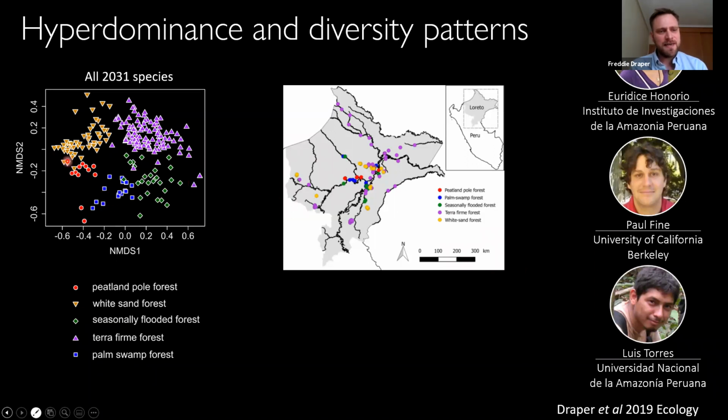So we can see quite clear patterns of clustering, which you can see in the different colors. The different colors are clustered together, and they correspond to these different broad habitat types, these different kinds of forest. In this data set, there are about 2,000 species. So it's a really diverse region of the Amazon.